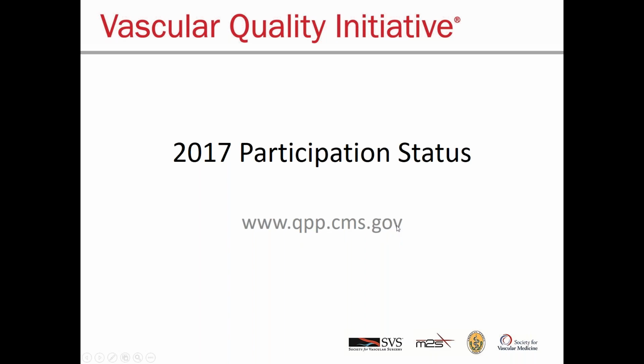and it's where you go to check your participation status. Now, CMS was also supposed to send letters to every physician that has an NPI number and is enrolled in the Medicare program. But we know that not all physicians have gotten their letters, so it's really incumbent on you or incumbent on your office manager doing it for your entire practice to check everybody's participation status.